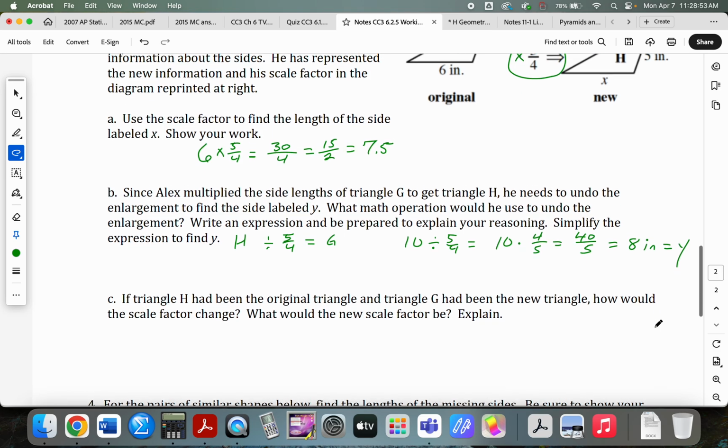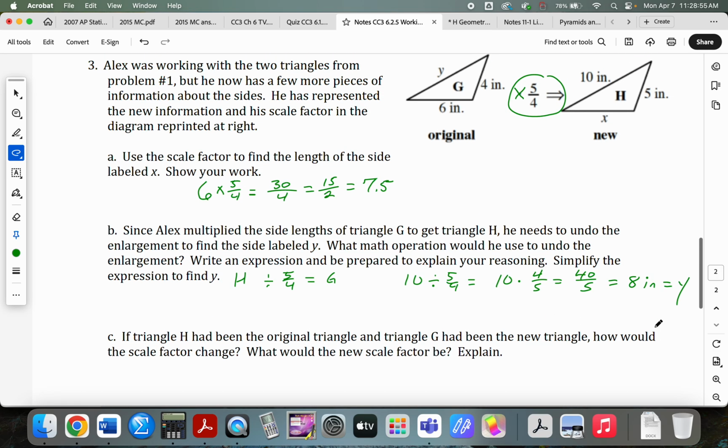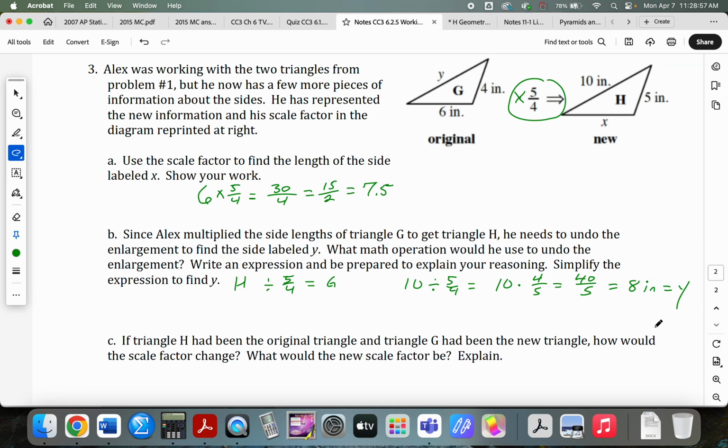Now, what if H had been the original triangle and G had been the new triangle? How would the scale factor change? How would the scale factor change if H was the original and G was the new? Yeah. It'd be 4/5 instead of 5/4, which is the reciprocal.